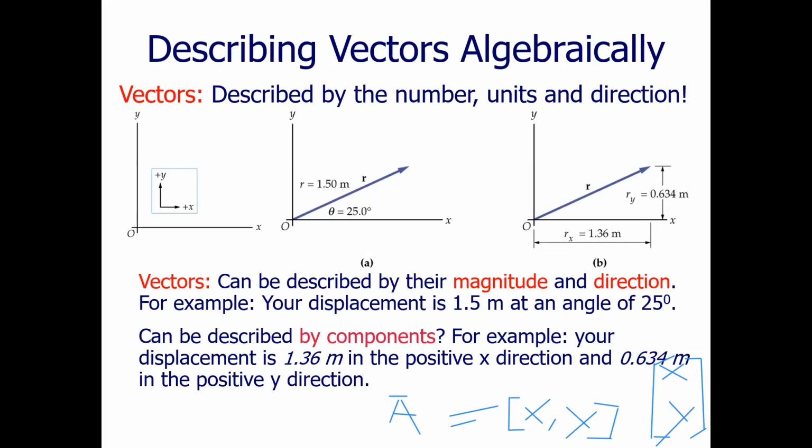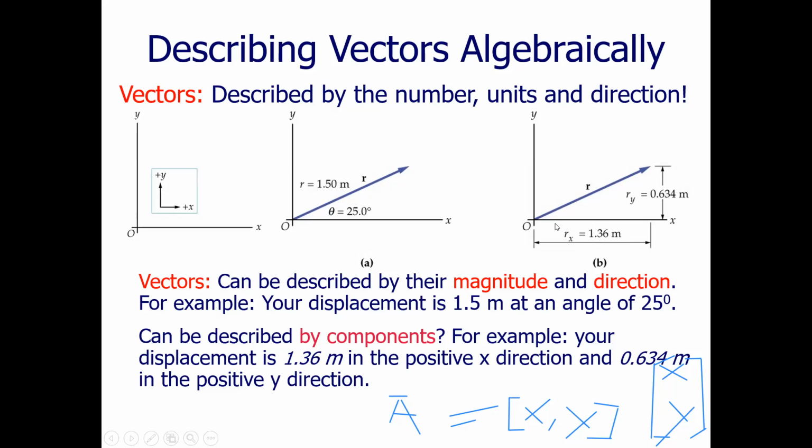So here vectors can be described by their magnitude and direction. For example, your displacement is 1.5 meter at an angle of 25 degrees. So this represents the vector. We can also see it in another manner: Ry is 0.634 meter and Rx is 1.36 meter.